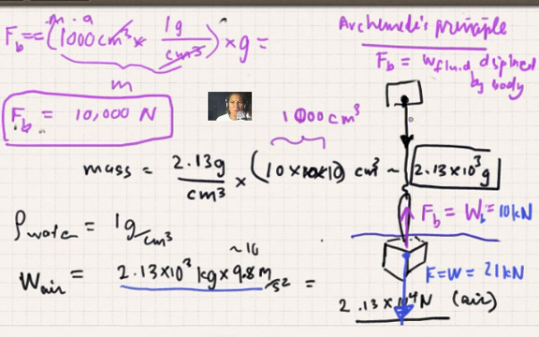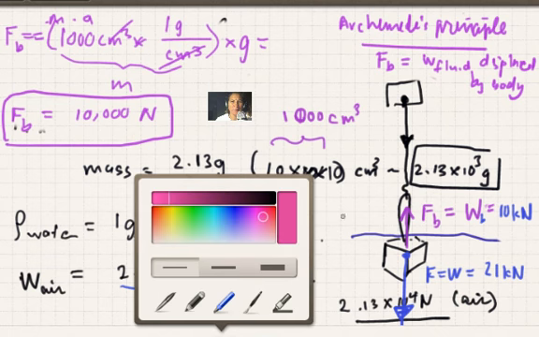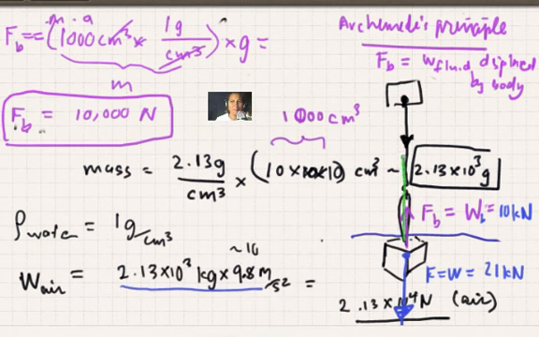So the scale should read the net tension, if that's how he was envisioning it. I'm just guessing that. So we have a tension that equals 21 kilonewtons minus 10 kilonewtons, so it equals roughly 11 kilonewtons, which equals the apparent weight of this object if it were underneath the water.